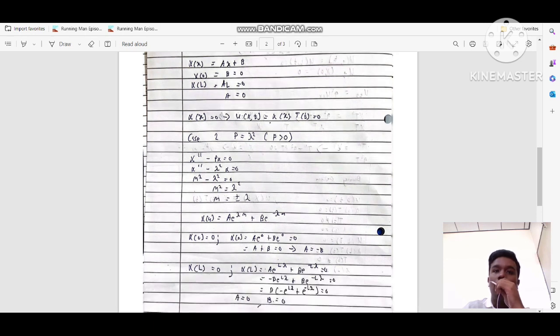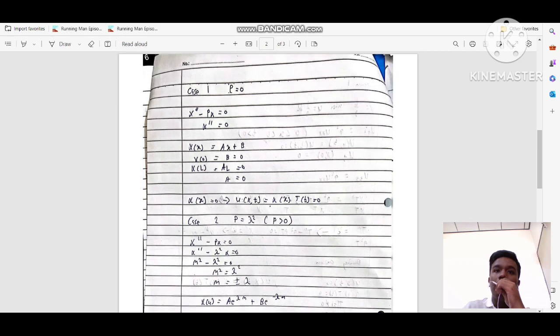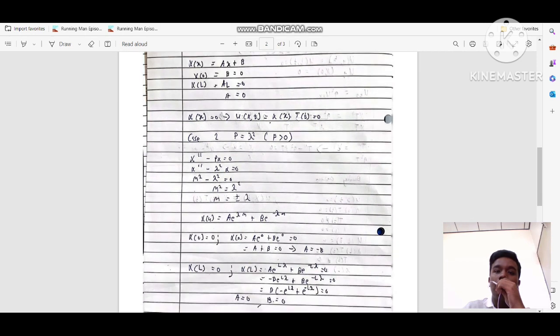This is the equation for when p is bigger than 0, which is real and distinct. Okay, so it's a e to the lambda x plus b e to the negative lambda x. Why is it that it's supposed to be both positive, but here one is positive and one is negative? It is because m is equal to positive and negative lambda. So this is positive lambda, and this is negative lambda.